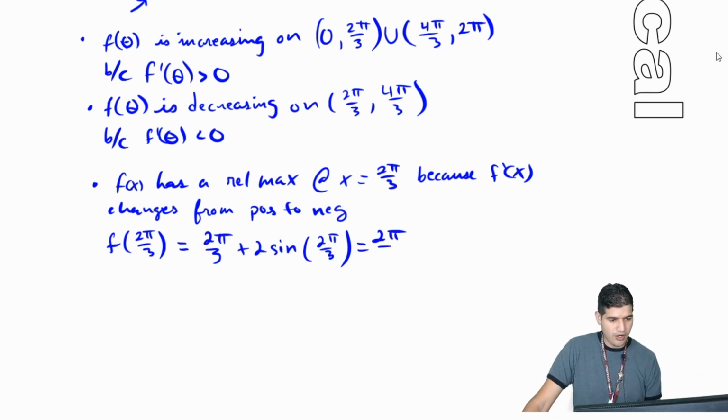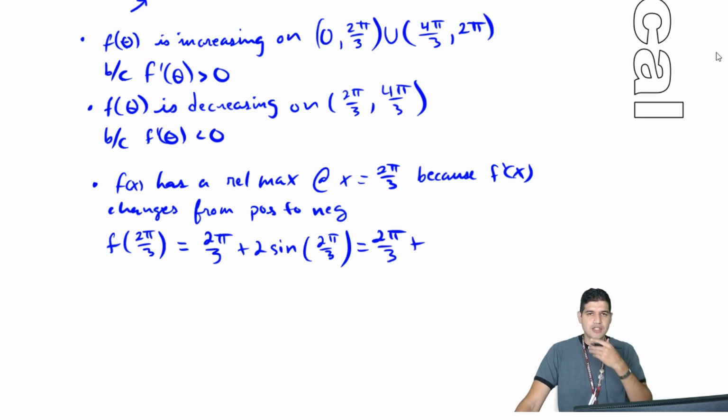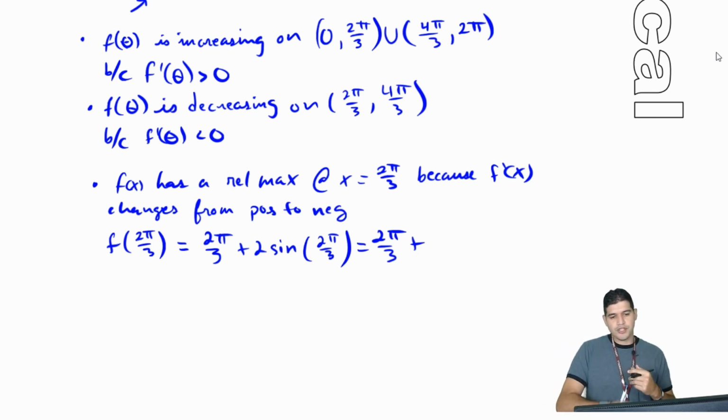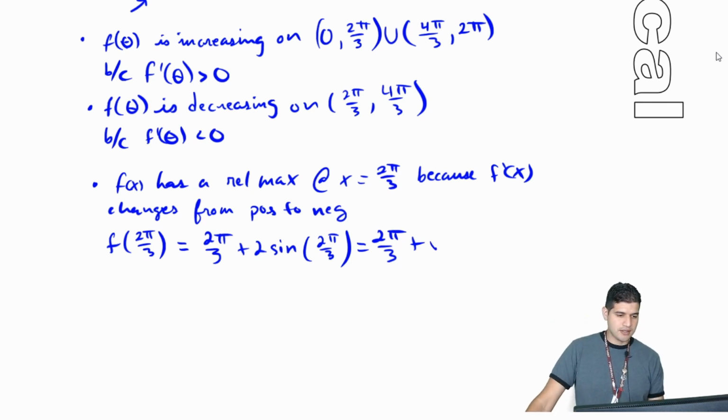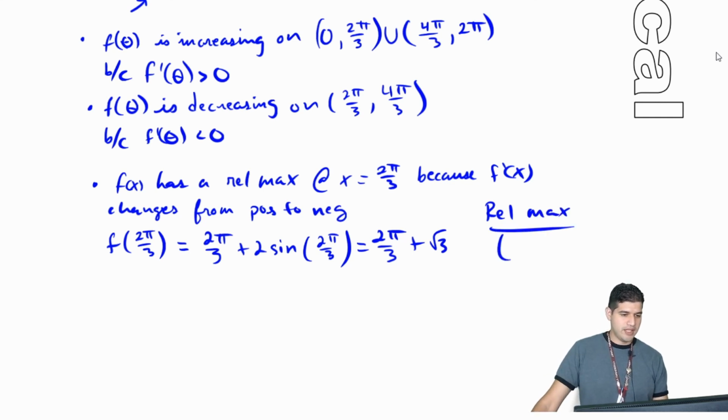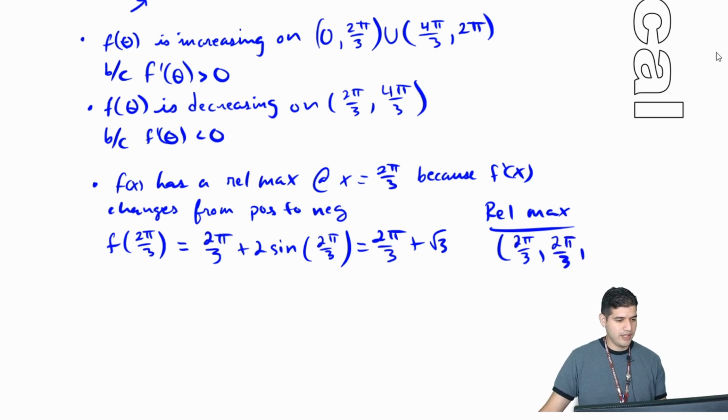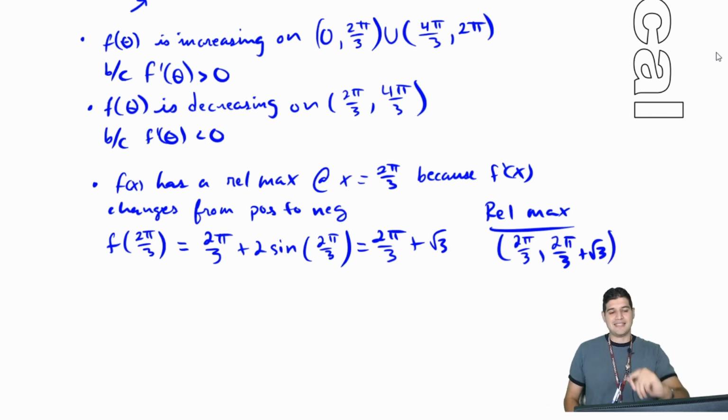Sine of 2 pi over 3 is the square root of 3 over 2, but I'm multiplying that by 2, so those 2's divide out, so I get plus the square root of 3. So my relative maximum here is going to be my x value, which is 2 pi over 3, comma my y value, which is what I just found right there, 2 pi over 3 plus the square root of 3. So that's going to be my relative maximum.